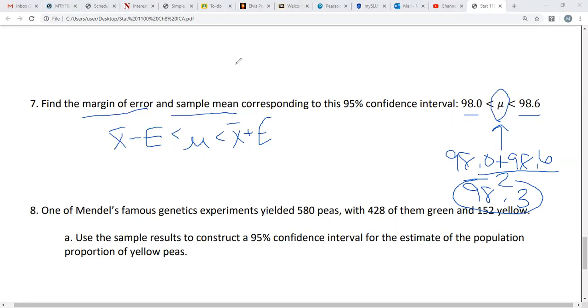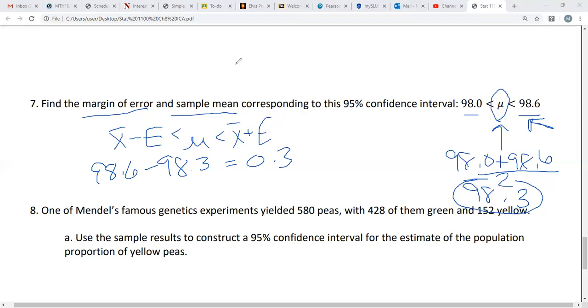And now I'm looking for our margin of error. So I know that this 98.6 minus that 98.3 is going to give us a difference of 0.3.